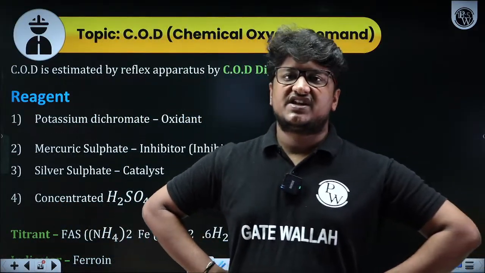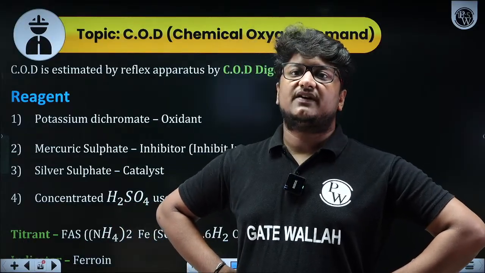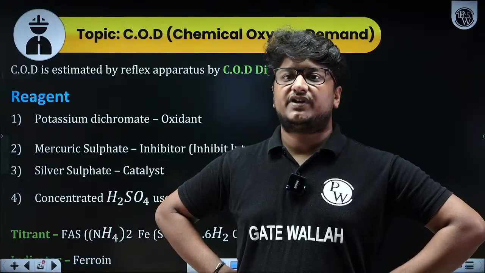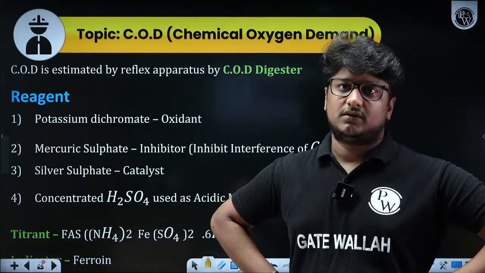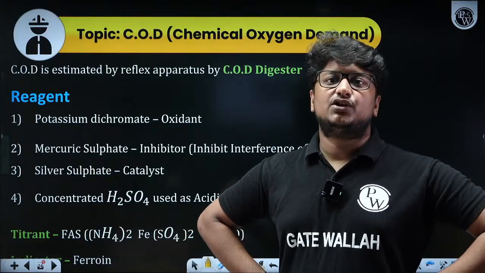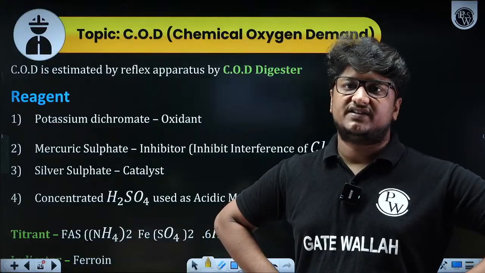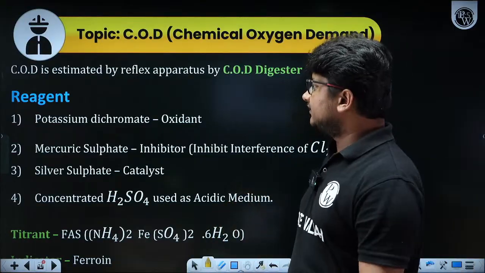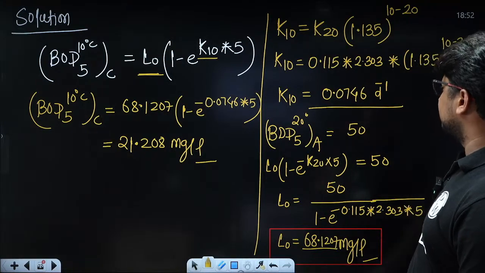The formula which I am using is L0 times (1 minus e to the power minus K into T), where the K value will be in base e. So I have to convert that value into base e. For that reason, I have multiplied by 2.303. Is that clear? Go back to the calculation. That's why I have taken this.